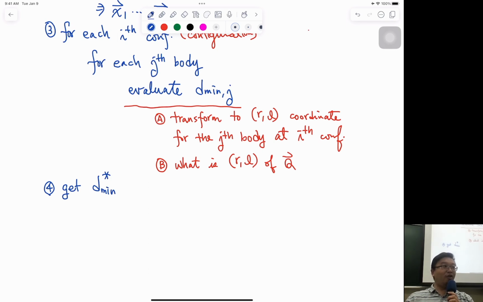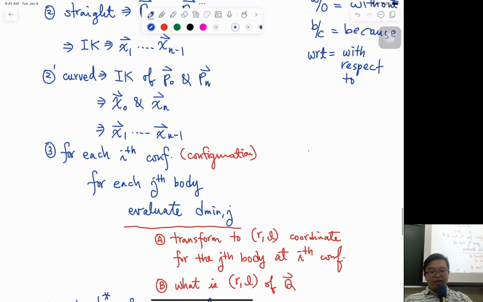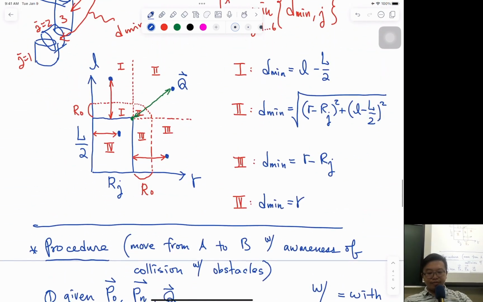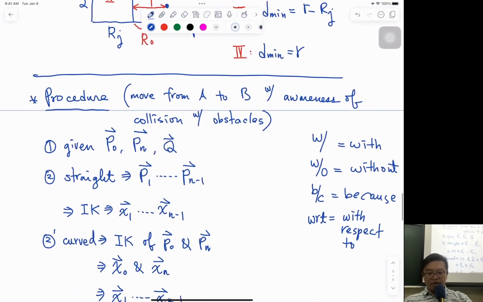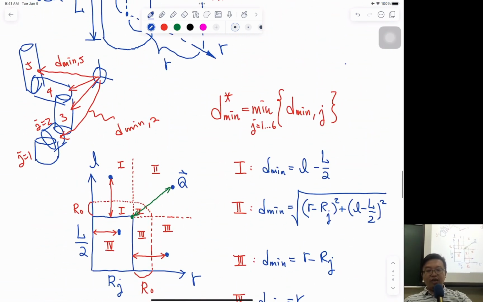I call this the overall shortest distance for every configuration, because from the for loop, you will get every shortest distance. And for the ith configuration, the overall D minimum star is going to be the smallest one from the shortest distances between the obstacle and every part.